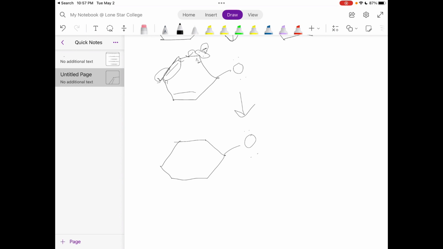One, 2, 3, 4. This becomes a double bond. Excuse my language. And this becomes a lone pair. So the negative charge is right here, but now it is right here.